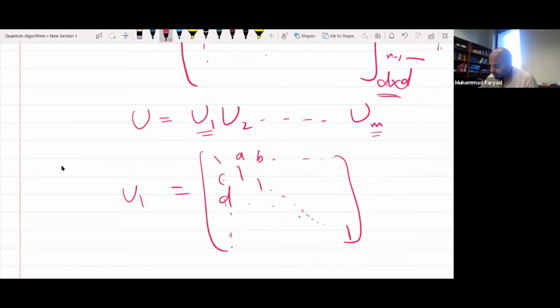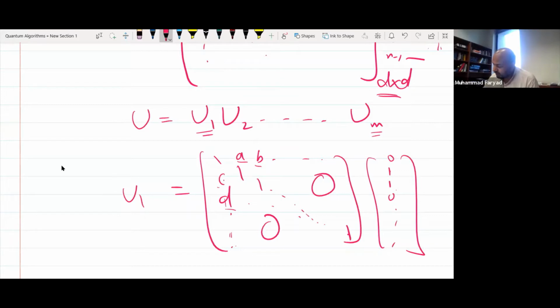So now we can see that this matrix has 1s and zeros everywhere else. So any computational basis state that doesn't involve entries corresponding to these elements is simply multiplied by identity. But any basis state like 0, 1, 1, if there's a 1 here, this gets multiplied with this thing.